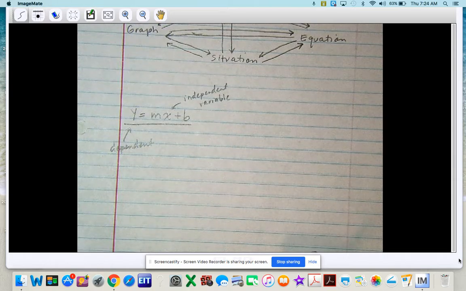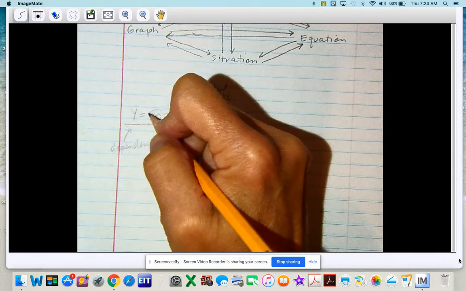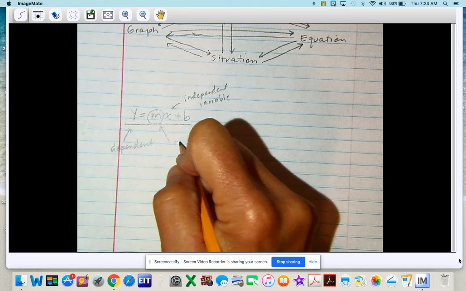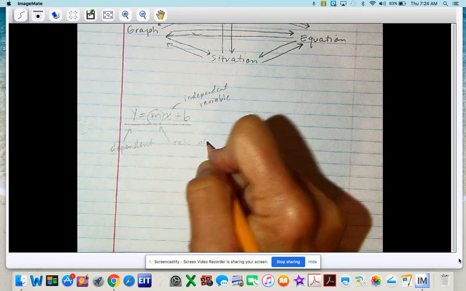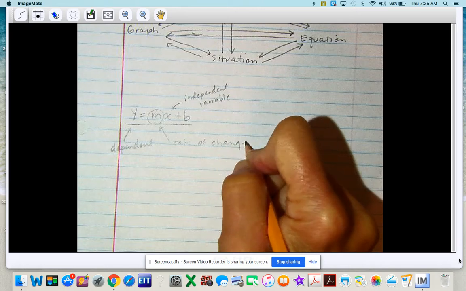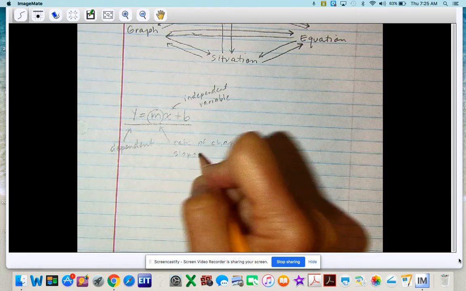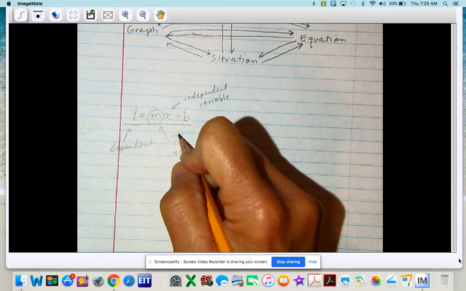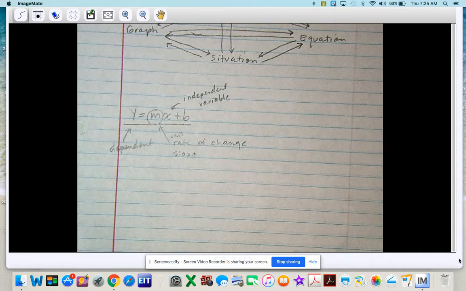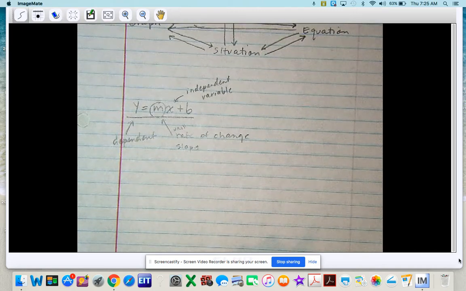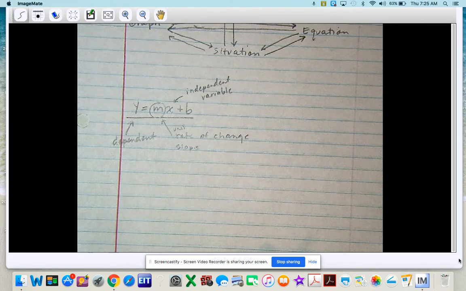Okay, m in this is our rate of change, also known as our slope. Okay, maybe I probably should say unit rate of change. So it's the amount that our dependent variable changes by every time our independent variable changes by 1.